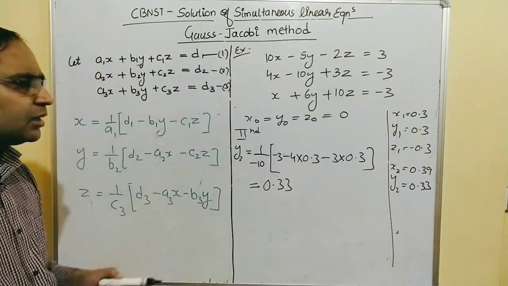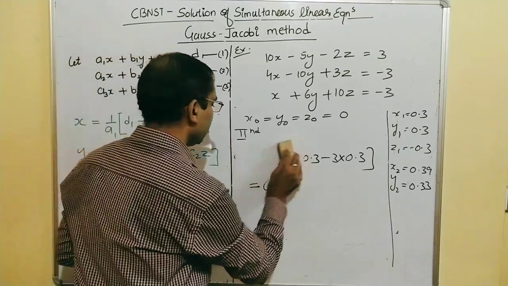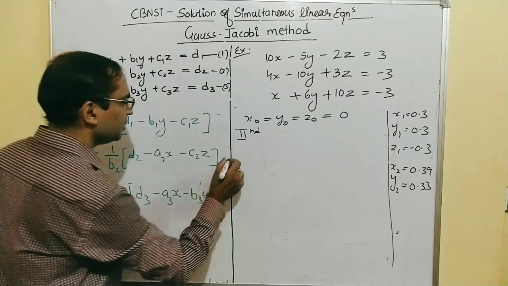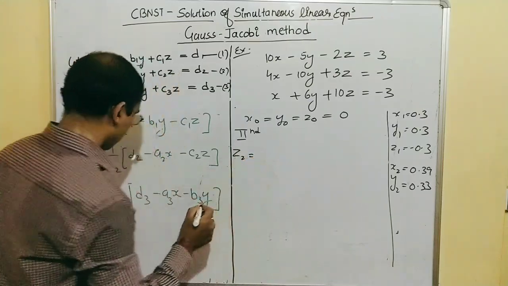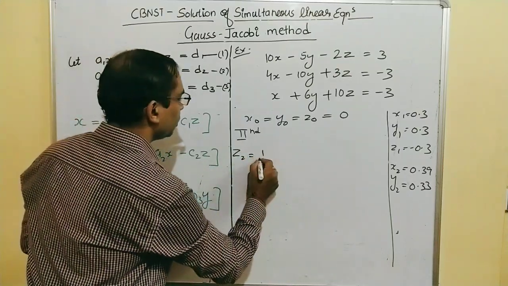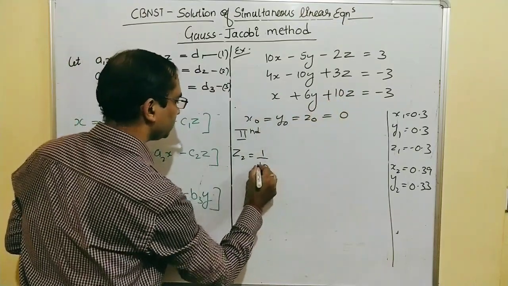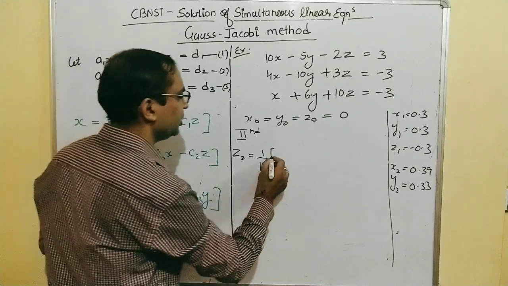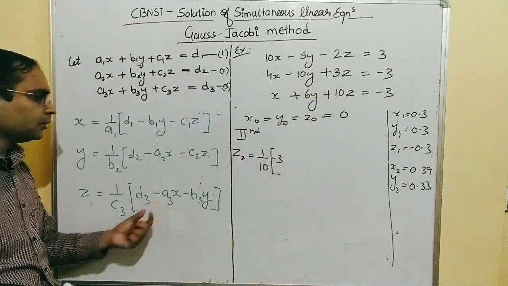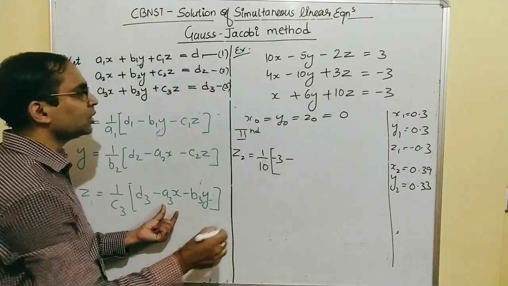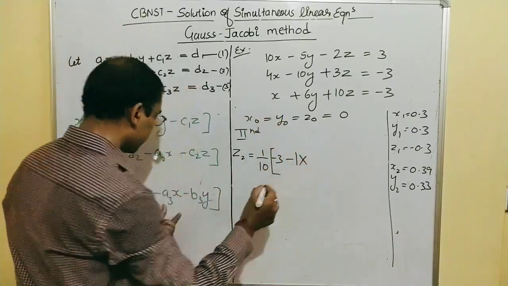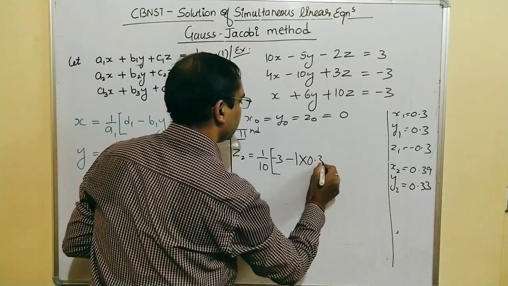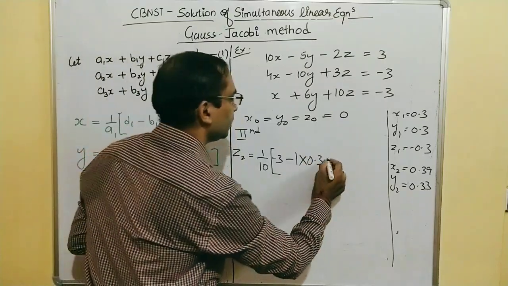In the same fashion we can calculate z2. So let me calculate z2 for you. Now what will be z2? z2 will be 1 upon c3. What is c3? This is 10. Within the bracket, this is d3. What is d3? Minus of 3 minus a3. What is a3? That is 1 cross x1. What is x1? 0.3. And then minus b3.